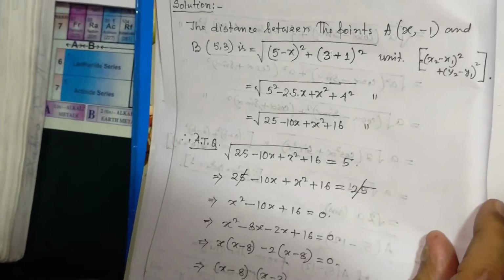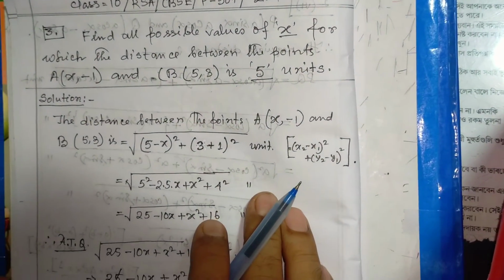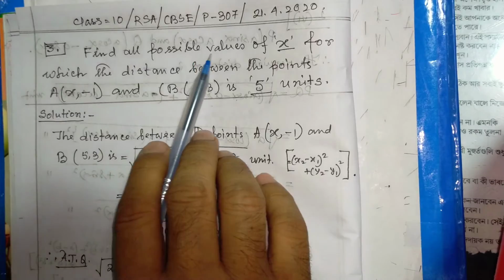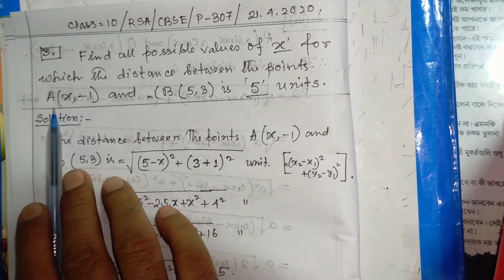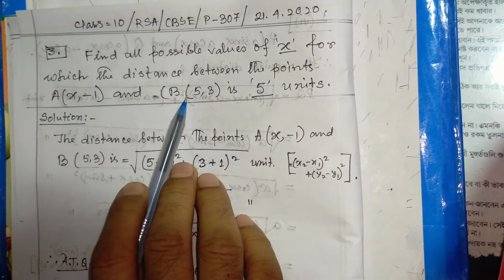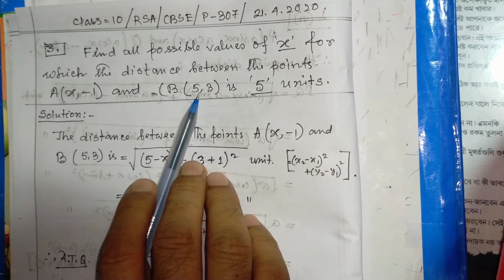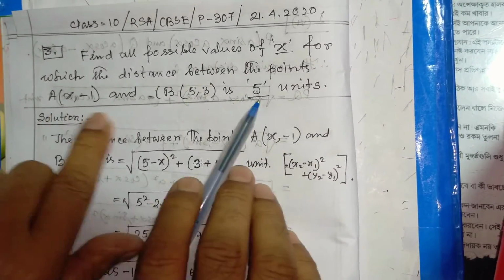Now I want to discuss number 3. The question is find all the possible values of x for which the distance between the points A, the coordinate is given as x comma minus 1 and B, the coordinate is given as 5 comma 3, is 5 unit. Distance between these 2 points is 5.